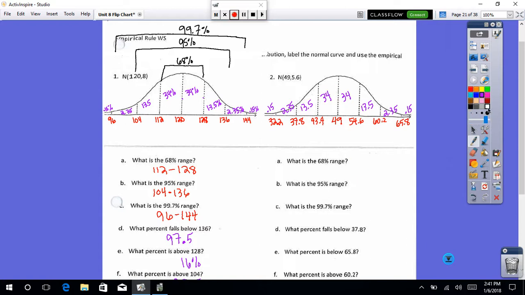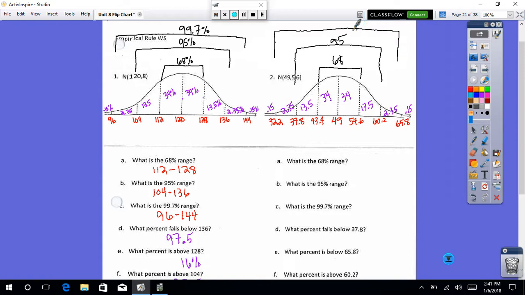And again, let's do the steps over here. One step away is my 68%. 2 steps away is 95. And then of course, almost all the way out to the edge is my 99.7.